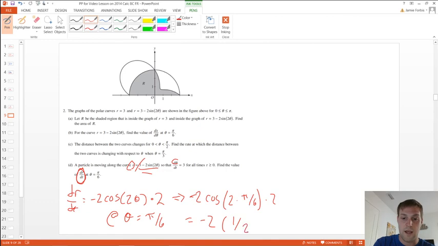Oh, and I have missed something. Whenever I take the derivative of theta with respect to time, I have d theta over dt. I apologize, I missed that. That's because it's implicit differentiation. We're taking the derivative with respect to t, so the derivative of theta becomes d theta over dt.